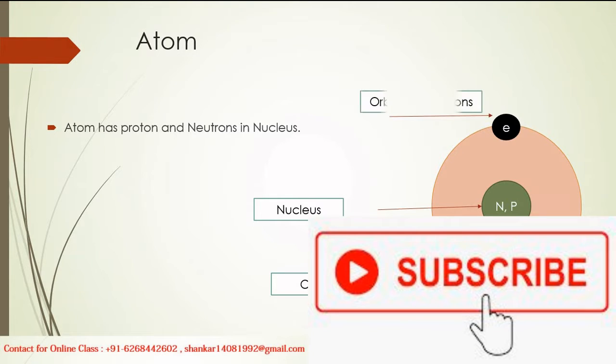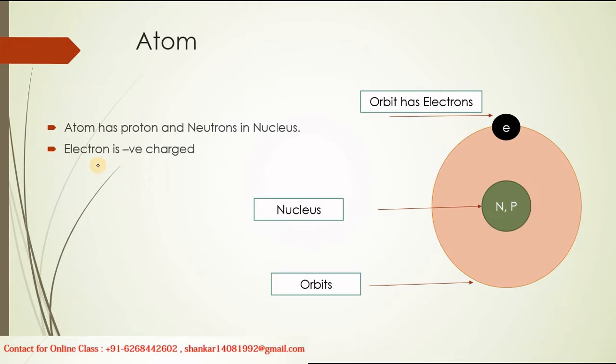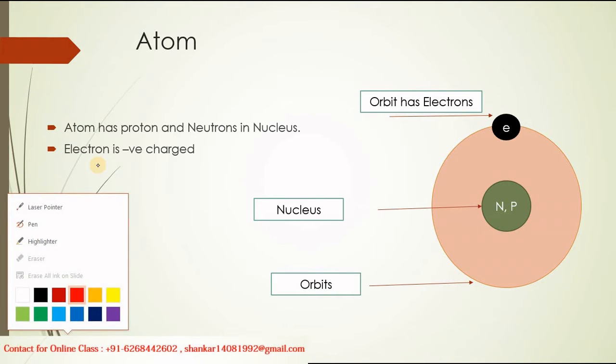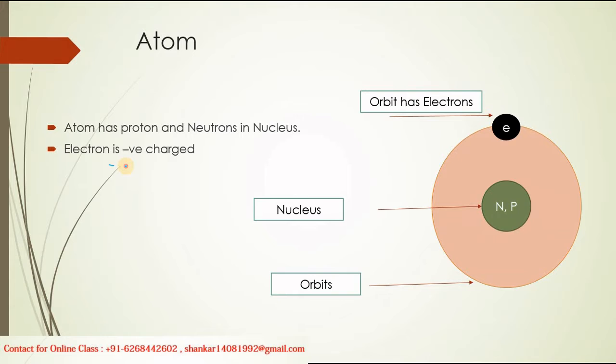And the charge of an electron, as we all know, is negative, and it can be written as, let me write, charge of electron is negative 1.6 into 10 to the power minus 19 coulomb. The charge of a proton is positive, which is also 1.6 into 10 to the power of minus 19 coulomb.